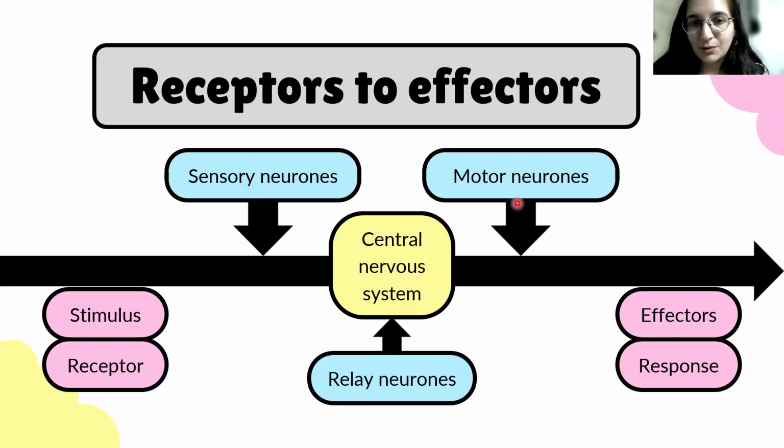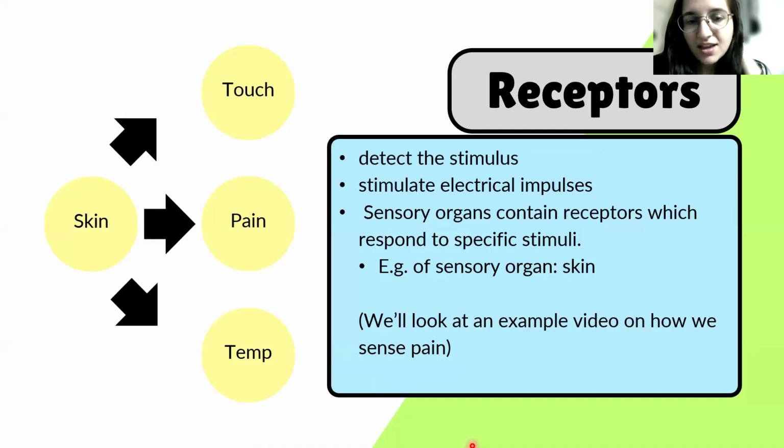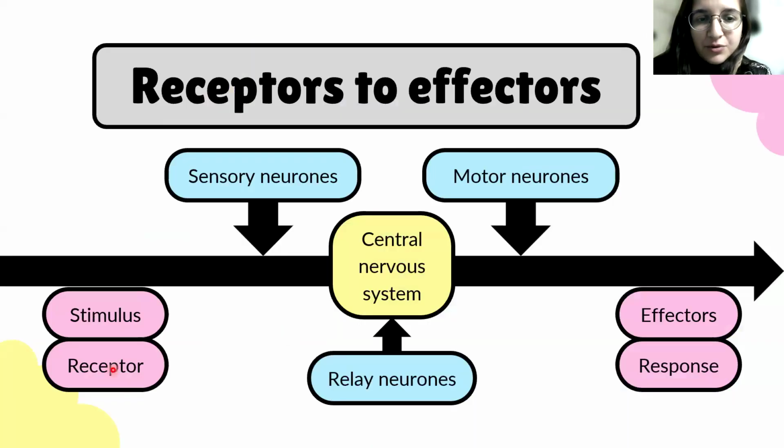They cause the action. And then the effectors, the specialized cells in your body, respond to that message, and hence there was a response. Okay, with this said, let's go deeper one by one. So we start with the receptor again. That was just the overall picture.